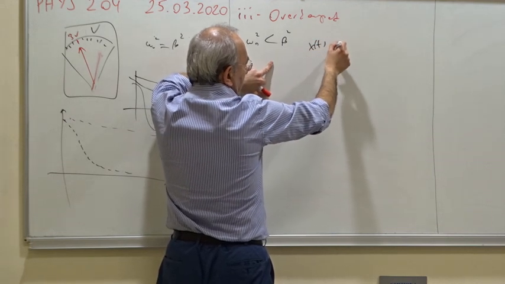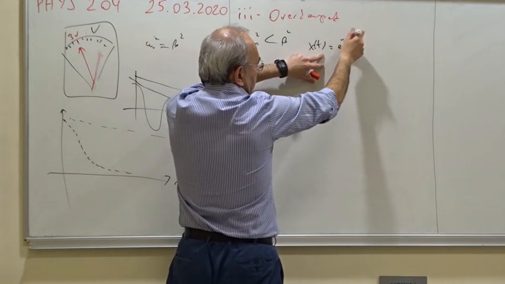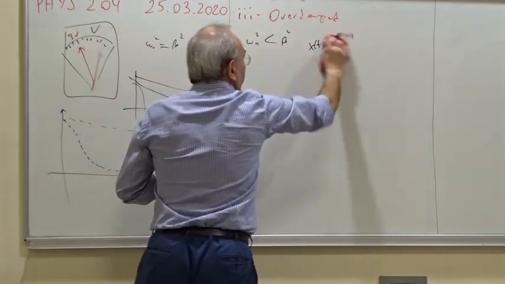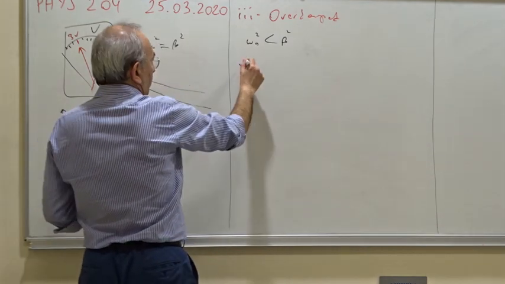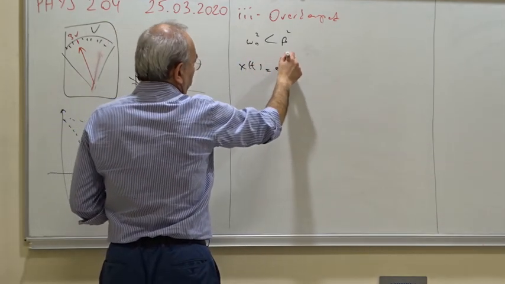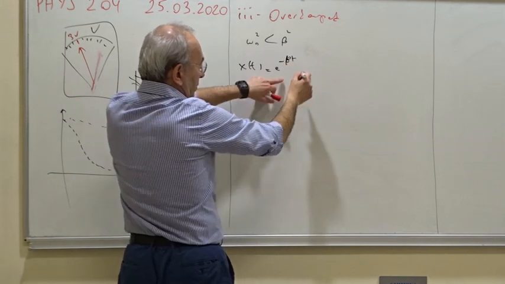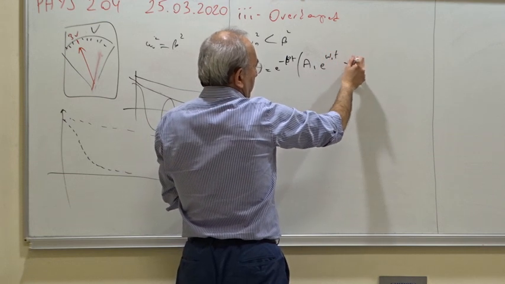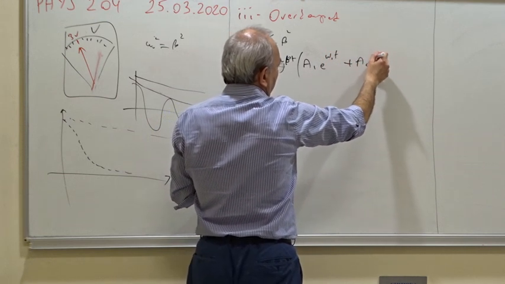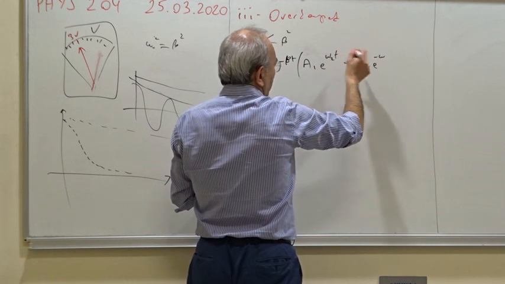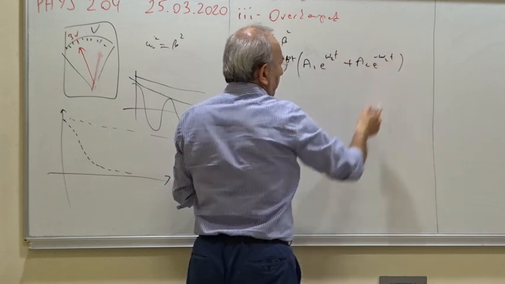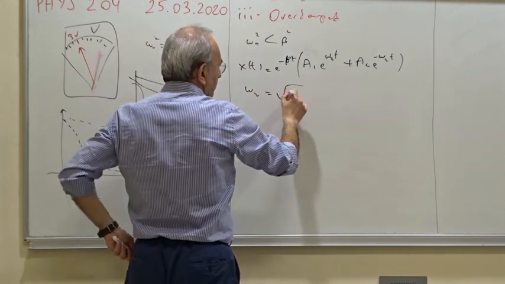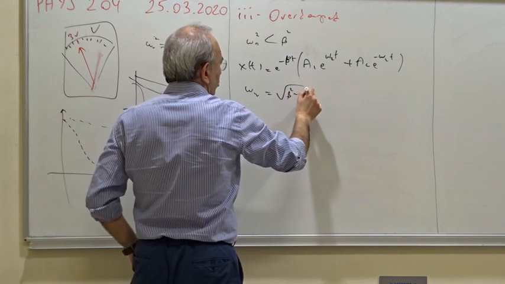X of t was e to the minus beta t, the damping part, times a1 e to the omega 1 t plus a2 e to the minus omega 2 t, where omega 2 is defined as the square root of beta squared minus omega 0 squared.